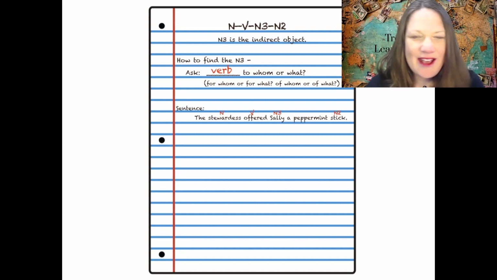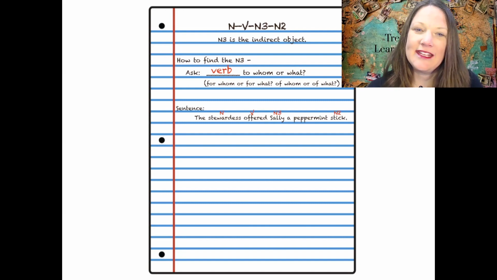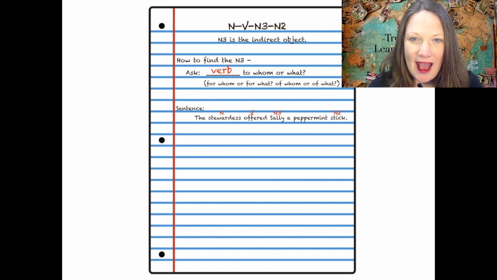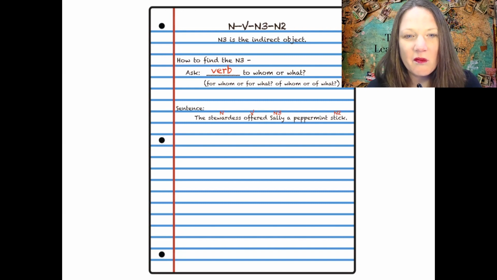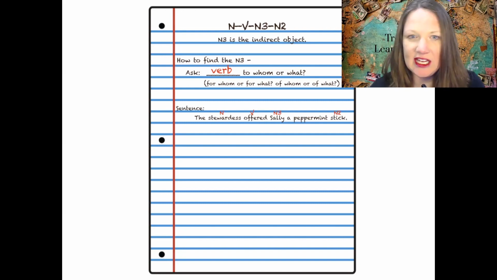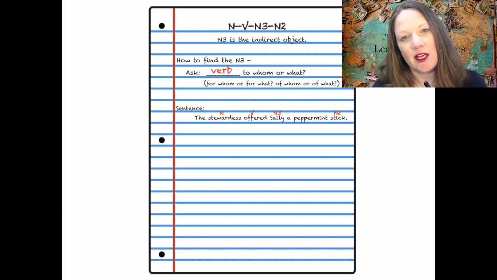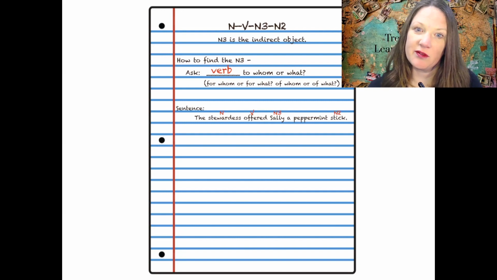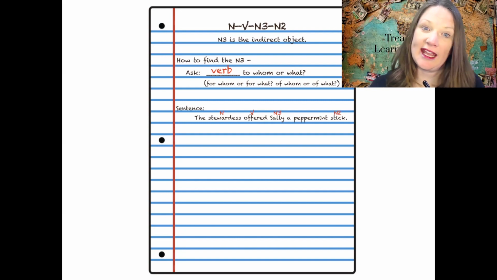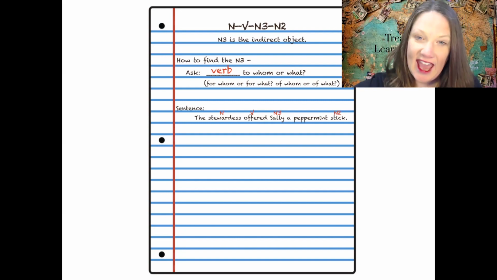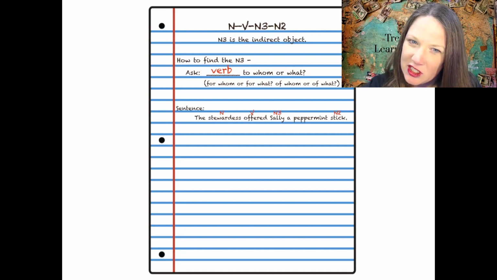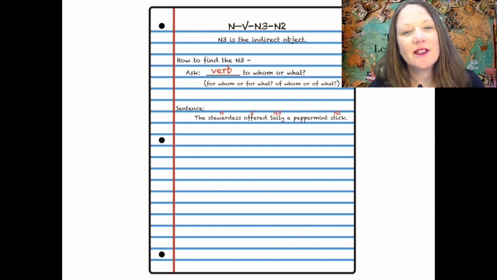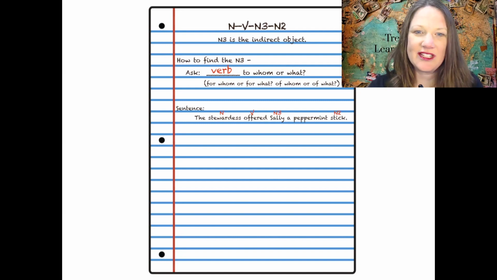So I cannot emphasize enough that this is a pattern. Just like a pattern for a chicken is the chicken lays the egg, the egg hatches, the baby chick comes out, the baby chick grows up, becomes a chicken to lay the egg. It's a cycle, it's a pattern.